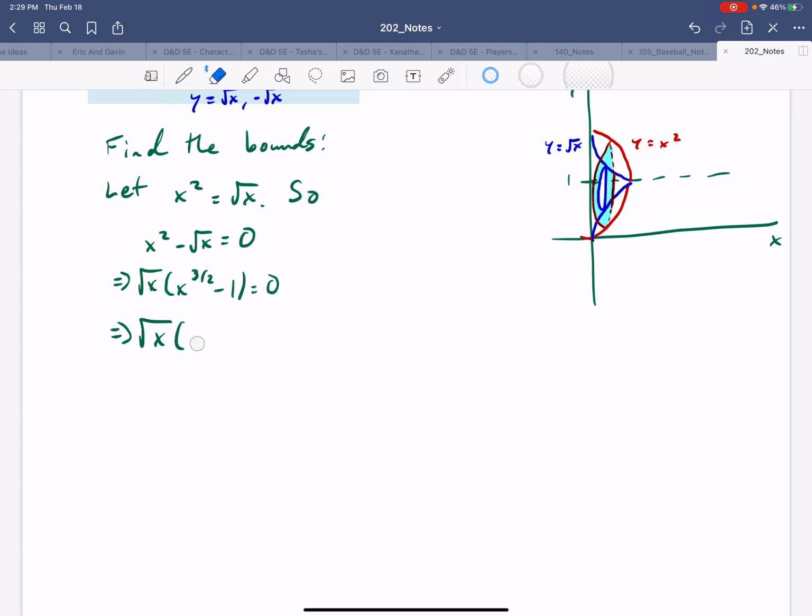You don't need to. This is x to the 1/2, I'll write it as root x. You can factor it this way if you want to, you don't need to know this. You can skip ahead. But the point is, these are your factors right here. So you can see that x equals 0 and 1.